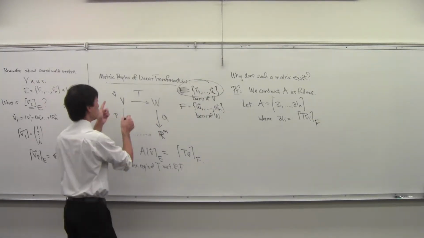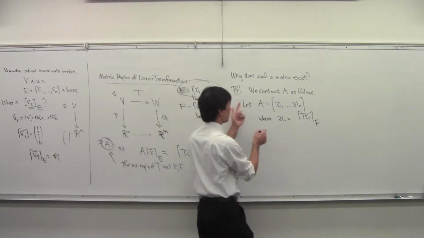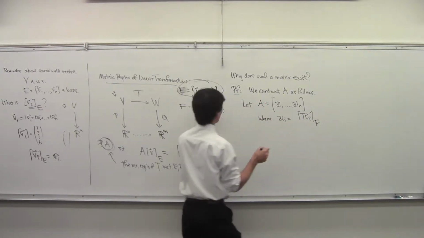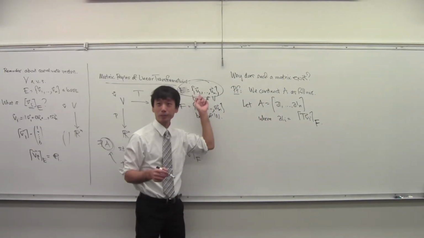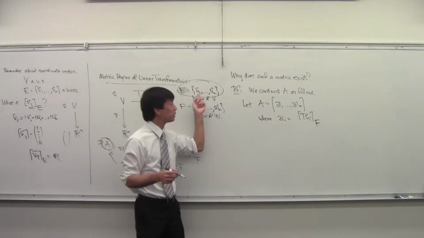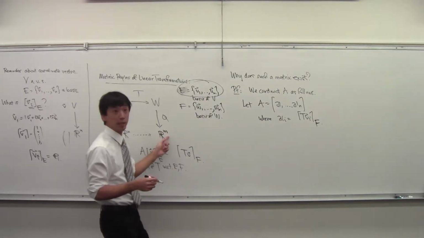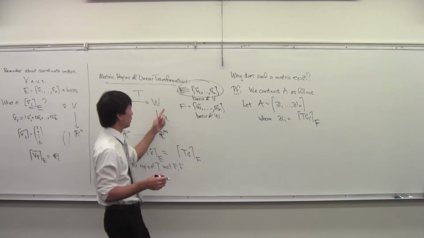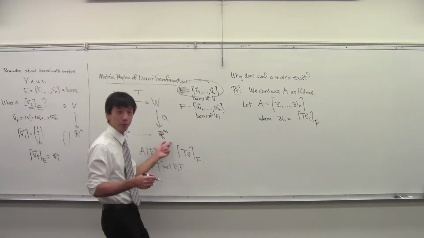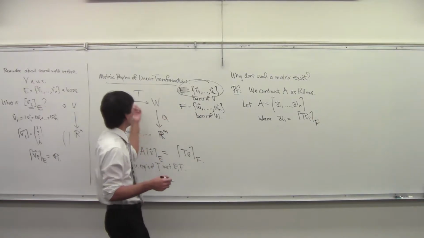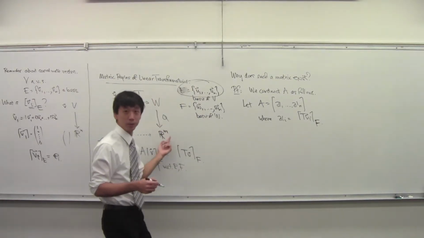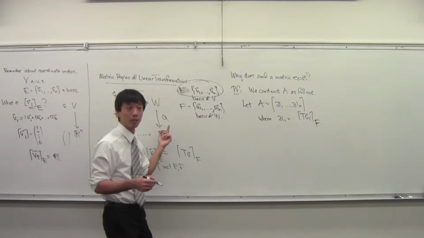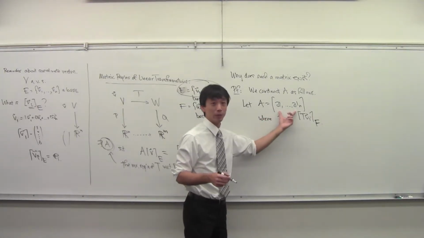So you take each element of your basis, map it over and take it down, and those are your columns, right? Take the first element, map it over, take its coordinate vector, that's your first column. Take the second one, map it over and down, that's your second column, and so on and so forth. Okay, that will give you something like this.